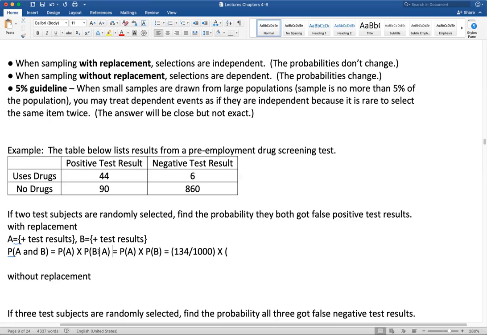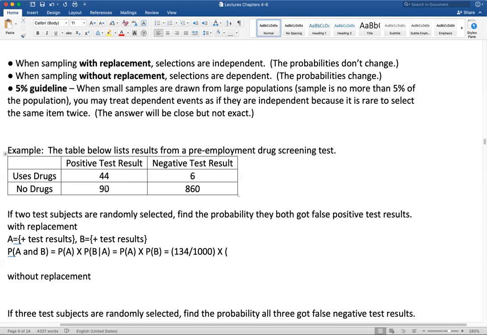So what is that if replacement does not occur, without replacement? Then the probability is going to be not 134 but 133, because we already chose the person who had a positive result in the first.